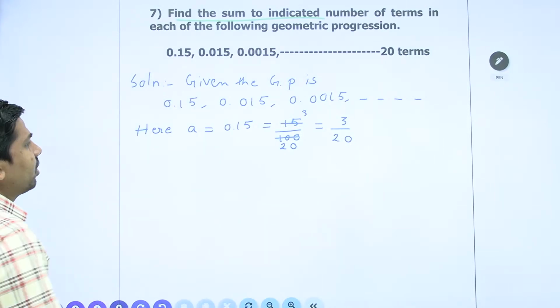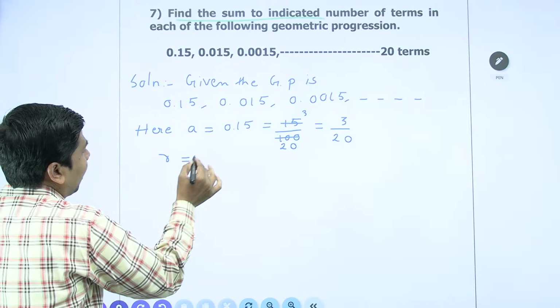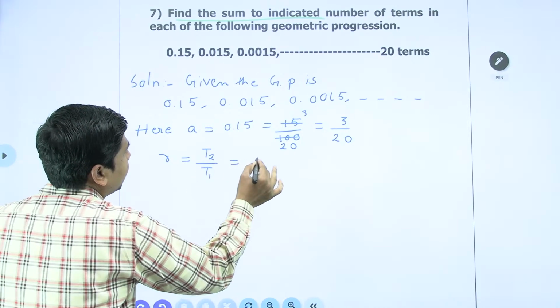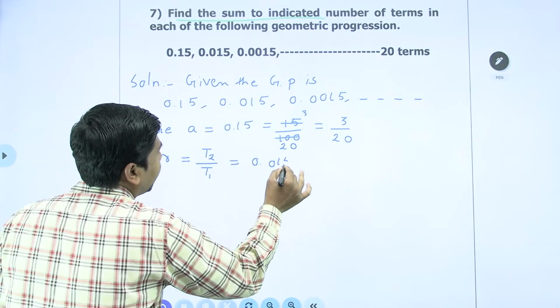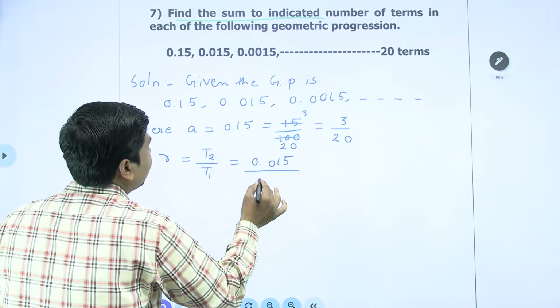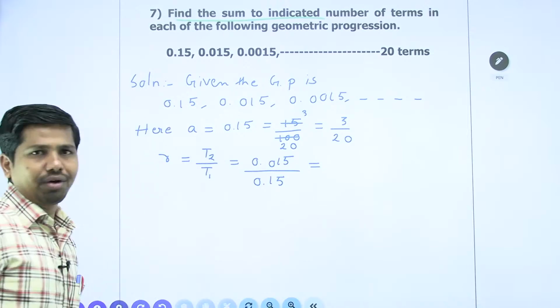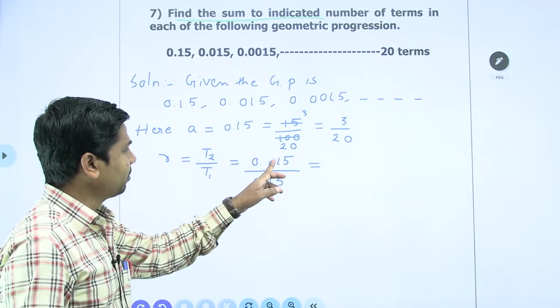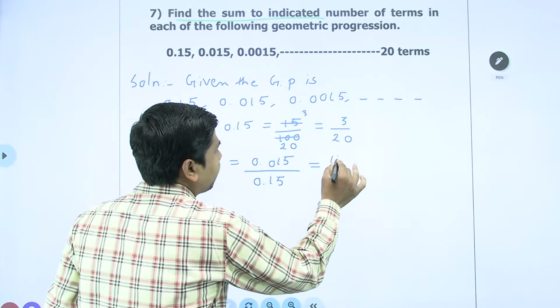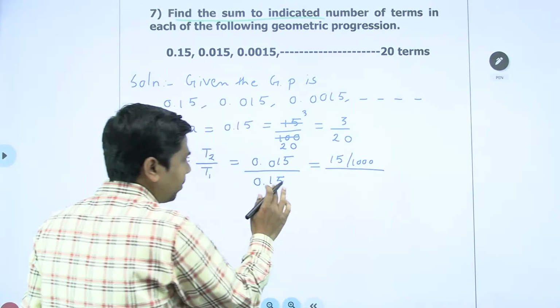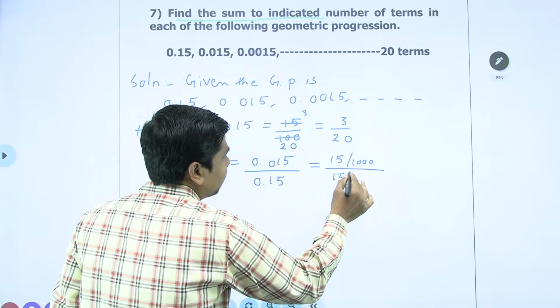Now let us see the common ratio R. R is nothing but T2 by T1. T2 is 0.015 divided by T1 is 0.15. 0.015 we can write as 15 by 1000, divided by 15 by 100.